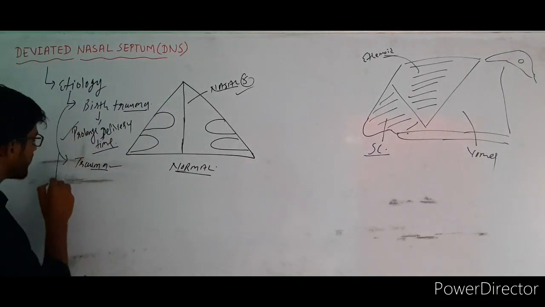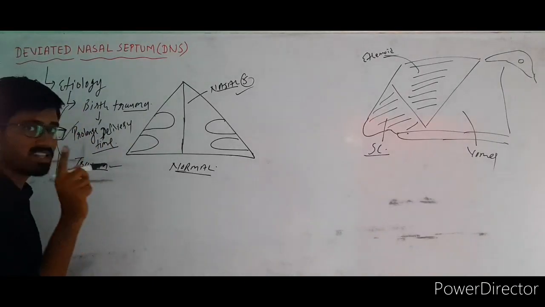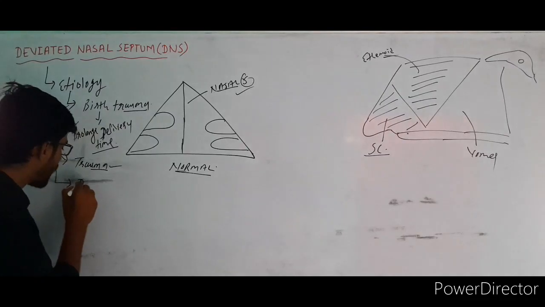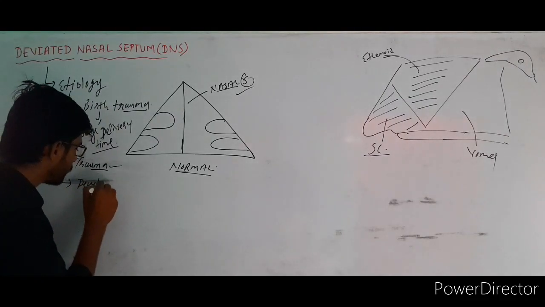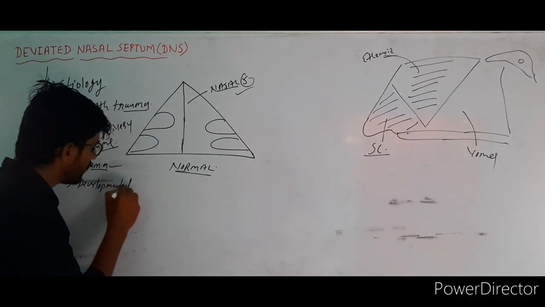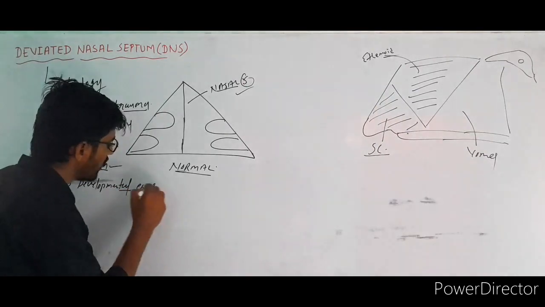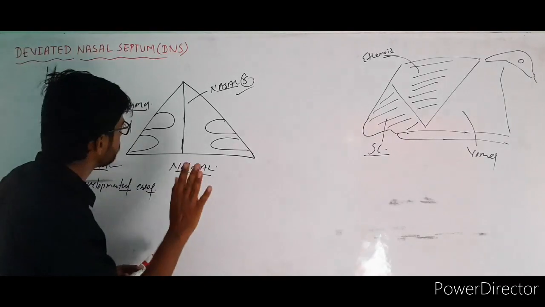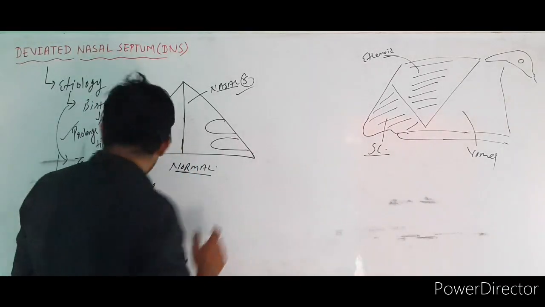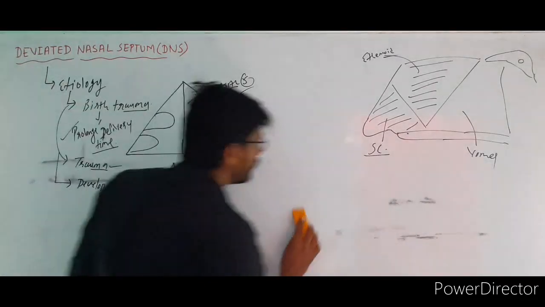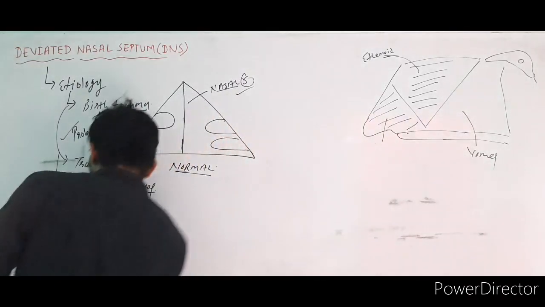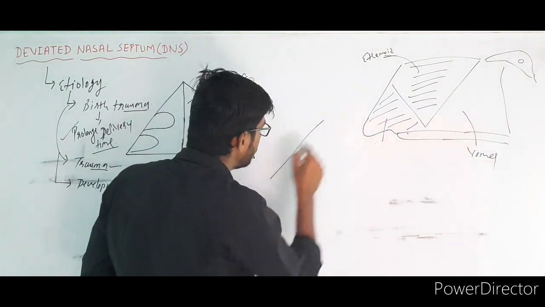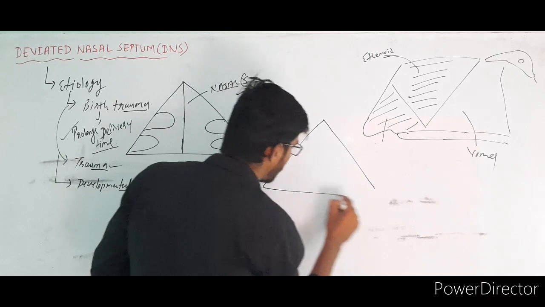Second thing in the etiology, I would like to tell you, is the developmental error. How is this a developmental error? Can you tell me? See here in this diagram, I want to draw another diagram.